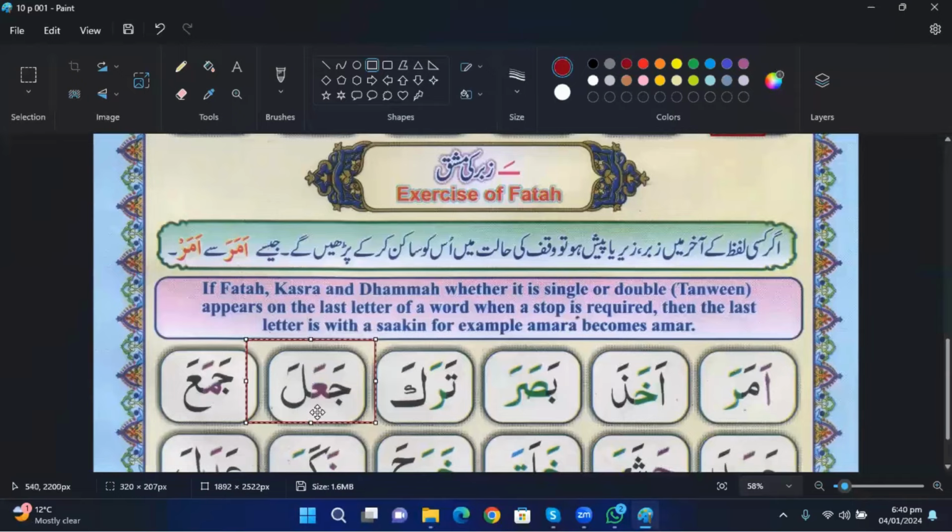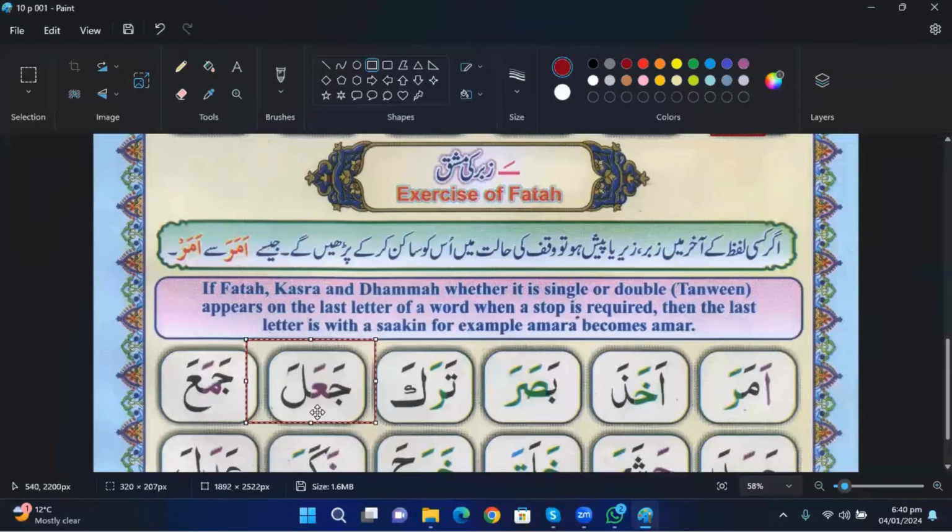In akhadha, after doing the spelling one by one, like hamza fatha a, kha fatha kha, akha, zal fatha za, akhadha, you can do the spelling three or four times.